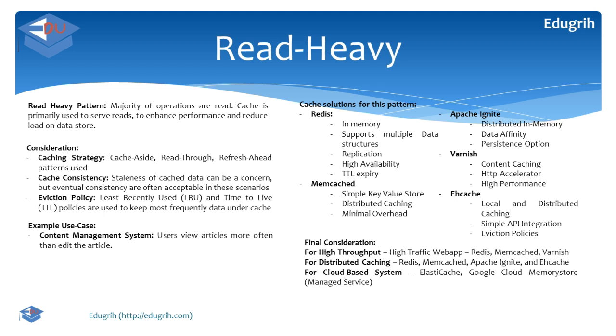Memcached is another one, which is a simple key-value store. Distributed caching it supports, and it's a lightweight process, so it has minimal overhead. Apache Ignite comes from Apache's house of open source solutions. Features distributed in-memory support, data affinity, persistence option.